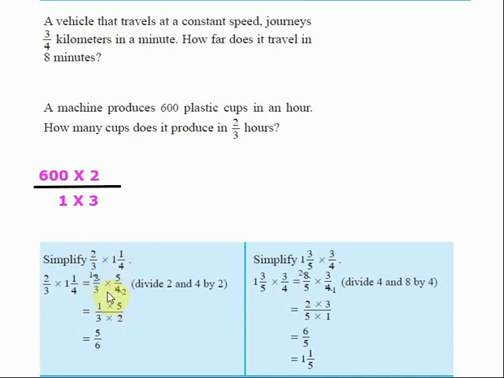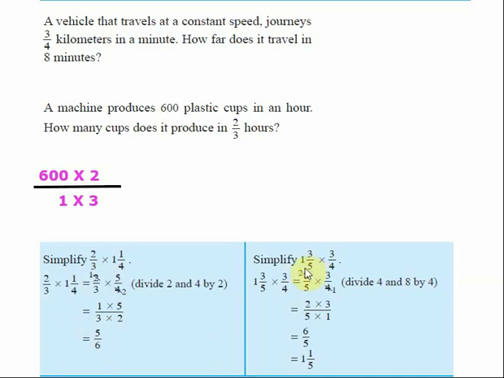So here once we consider upside and downside numbers, these two are divisible. Here 2 and 4. So 2 divided by 2 is 1, 4 divided by 2 is 2. So here you get 3, here you get 2. So downside you multiply 3 into 2, 6. Upper you get 1 into 5, 5. So this will be the final answer.